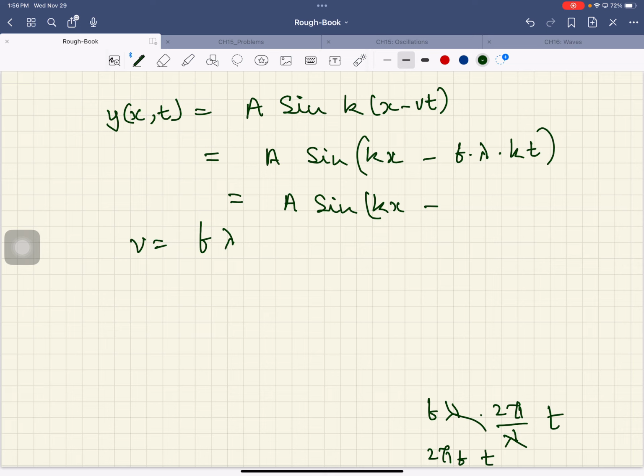It's omega, the angular frequency, so omega t. Here's a different way of writing a sine wave traveling to the right, in terms of the wave number and the angular frequency. This is very useful because you encounter it all the time. So here's a sine wave traveling to the right, and here is a sine wave traveling to the left.